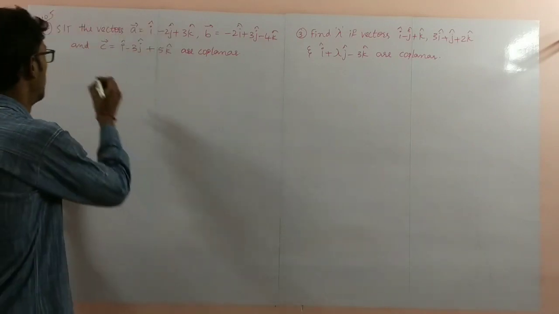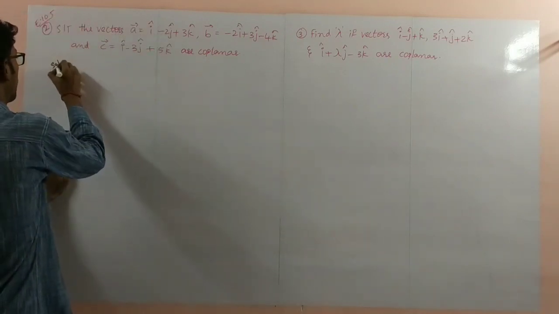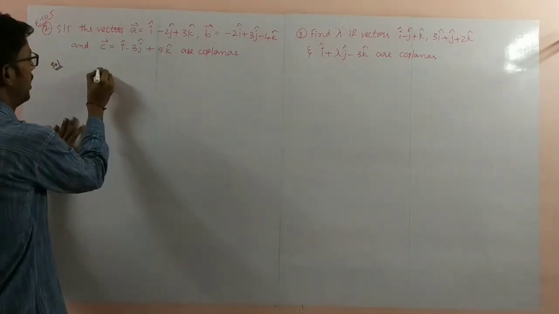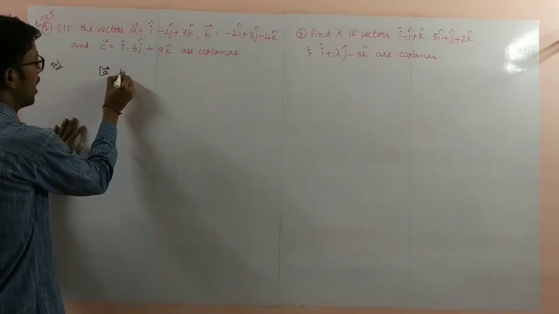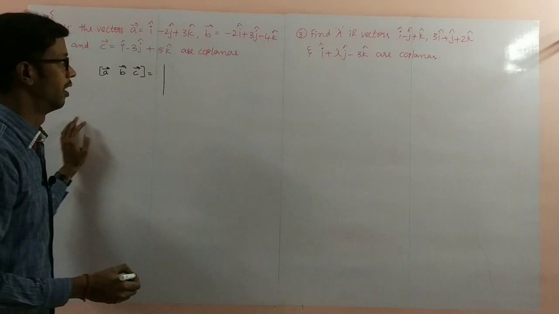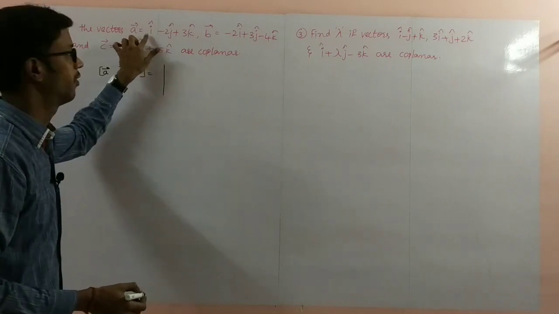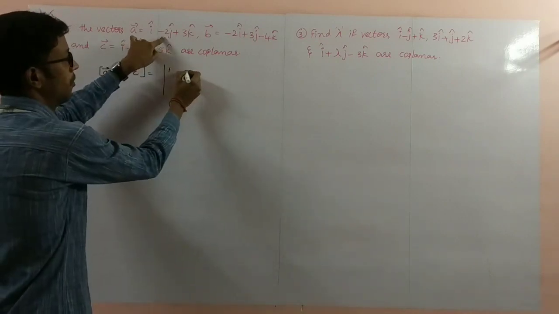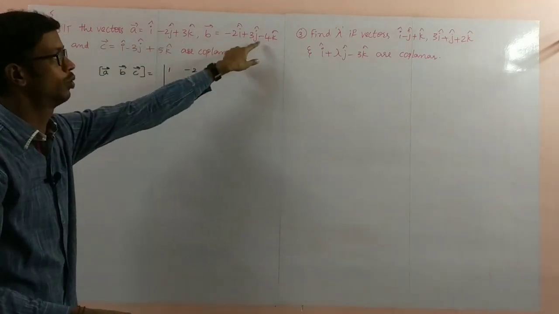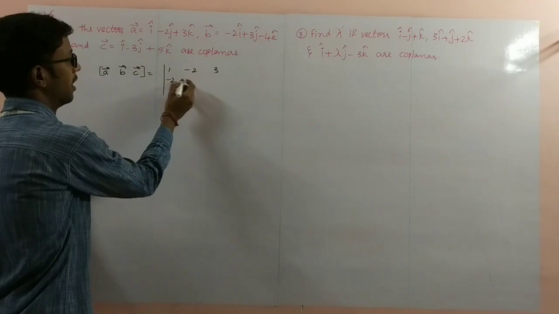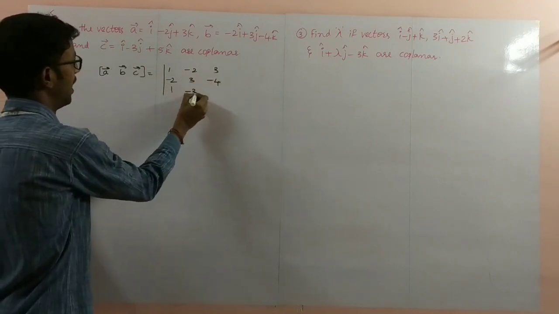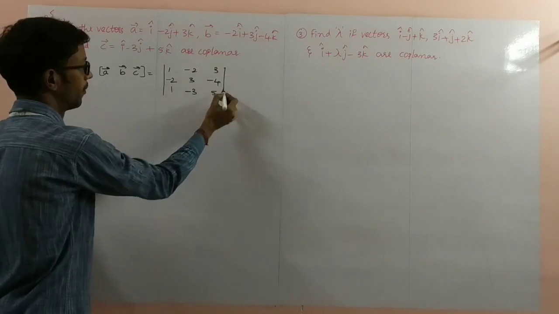For that purpose, solution: you have to write the given A bar, B bar, C bar. Directly I am writing box of A bar, B bar, C bar equal to the mod of the determinant of coefficients, with rows I cap, J cap, K cap; 1, minus 2, 3; minus 4, 1, minus 3... and 5.